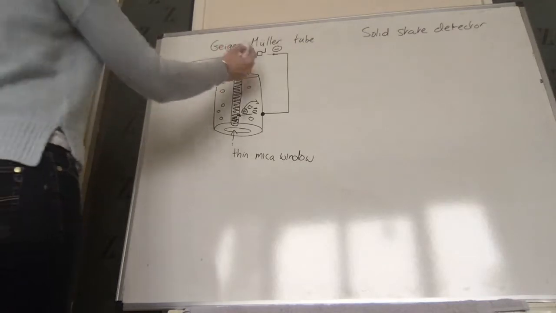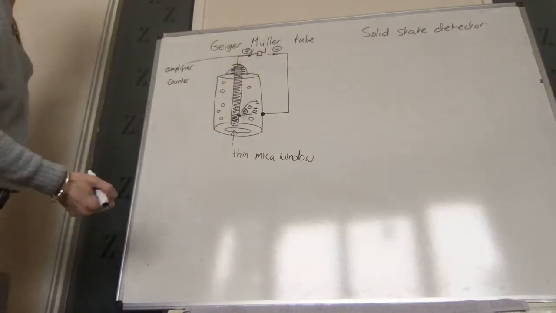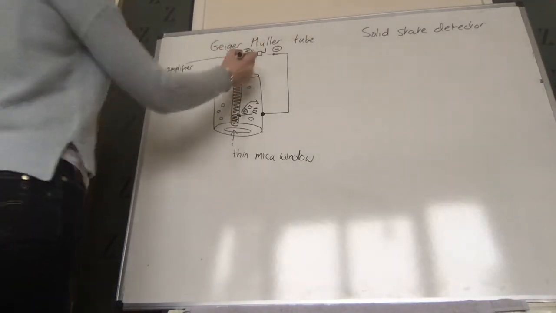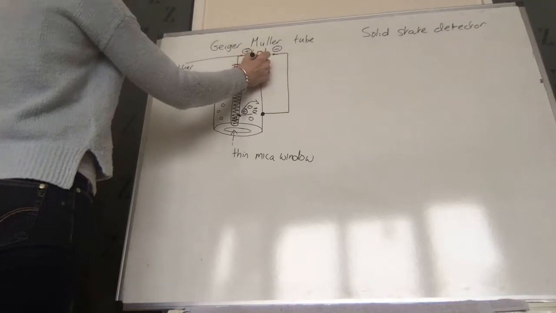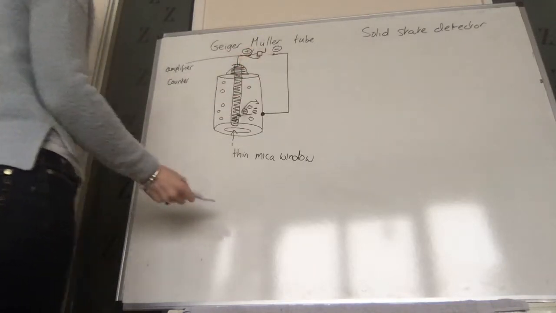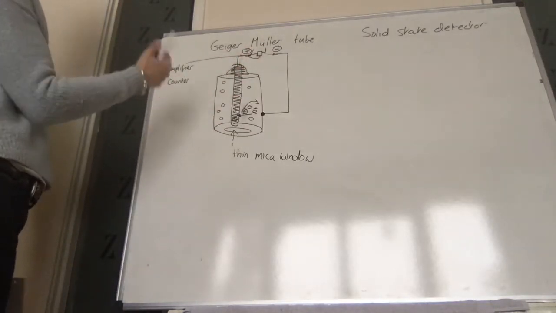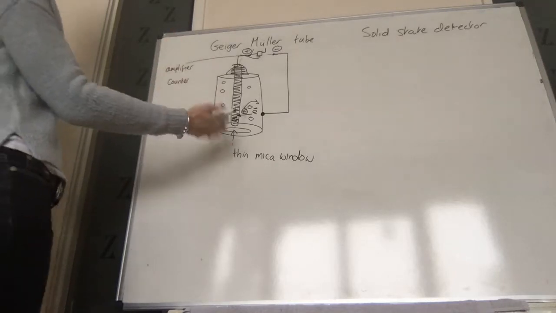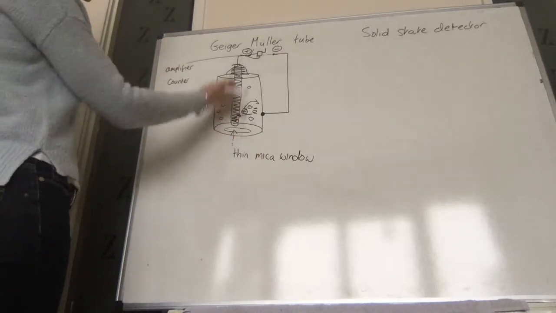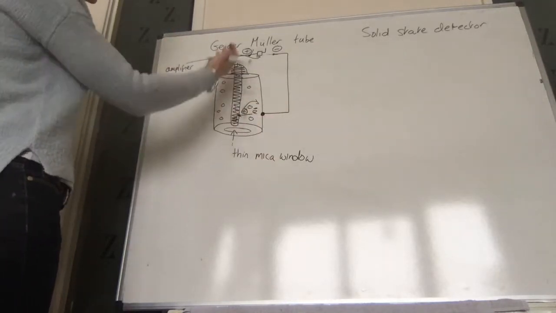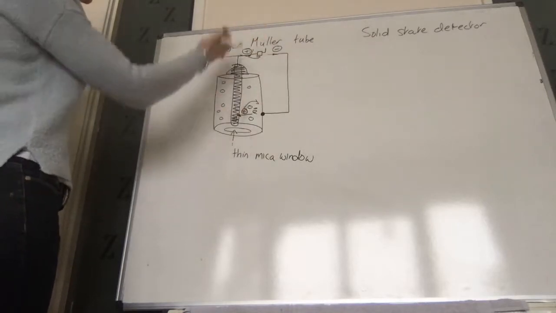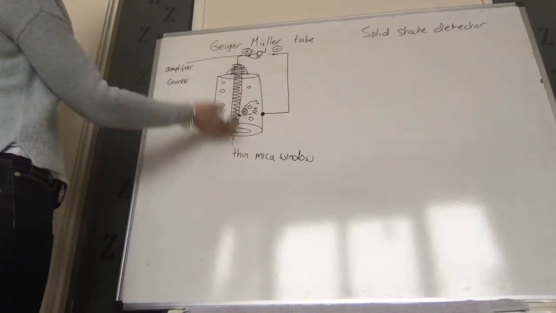So have a look at your book because I'm after kind of drawing myself into a hole up here. But basically an amplifier and a counter in here will allow you to count the number of pulses, which then gives you an idea of the number of atoms decaying per second, because you are getting the number of alpha particles or beta particles or whatever per second.